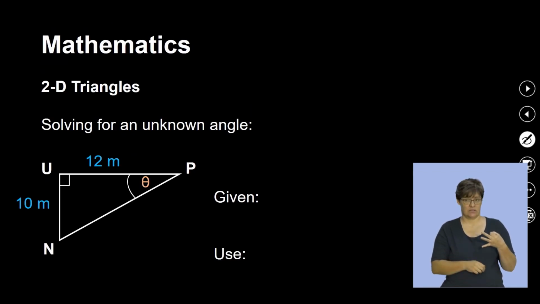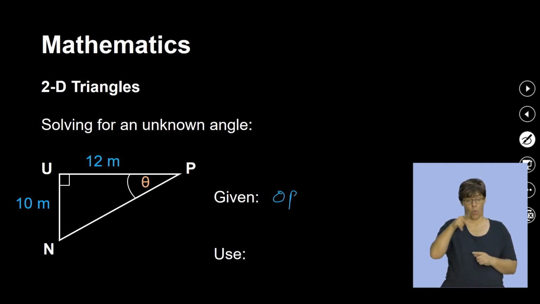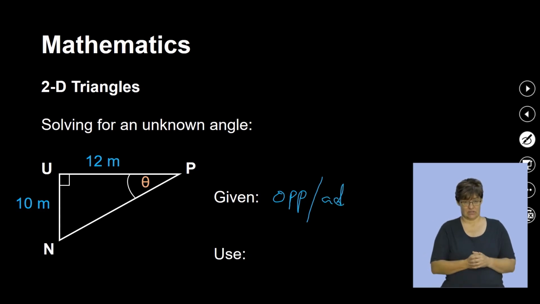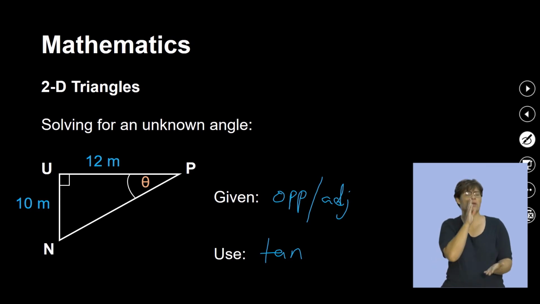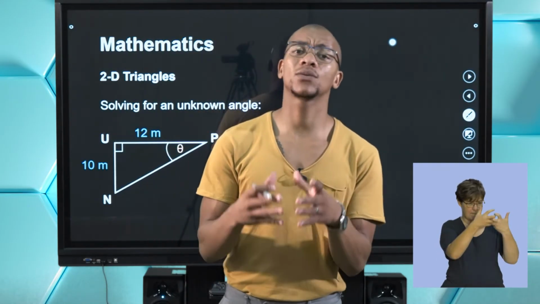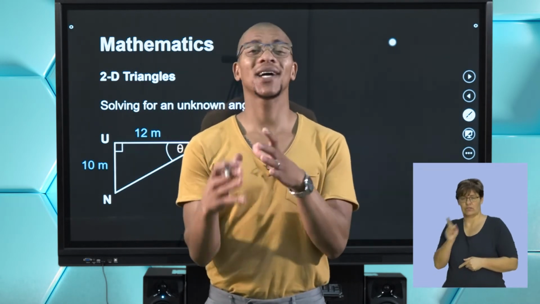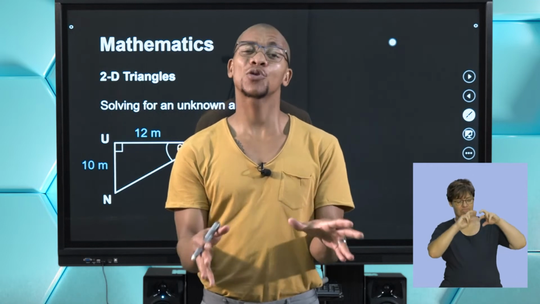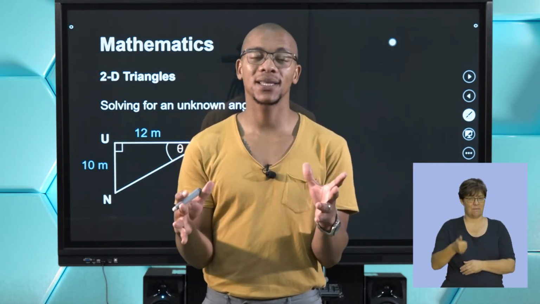The third one is if I'm given the opposite and the adjacent. You know for a fact opposite and adjacent has to do with tan theta, and therefore you can solve from that perspective. So make sure that you know exactly what you are given so that you are able to solve for the ratios. We're still looking at solving 2D triangles with trigonometry. That's the main thing that we're trying to do.